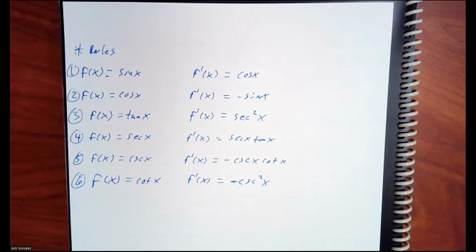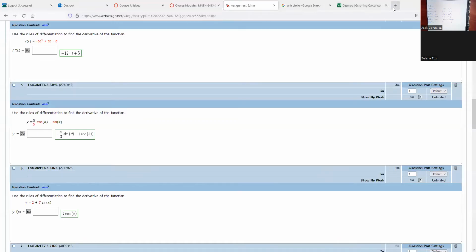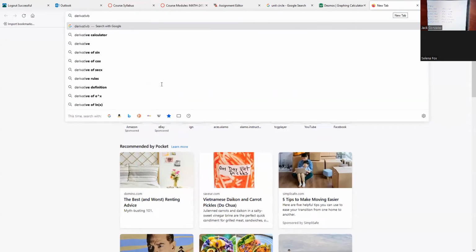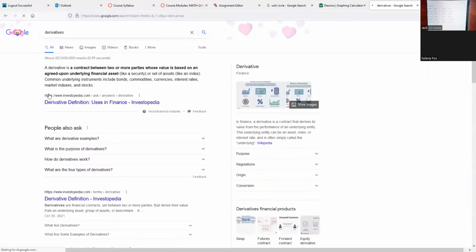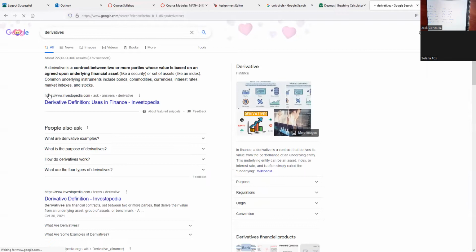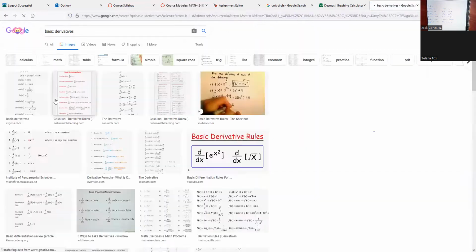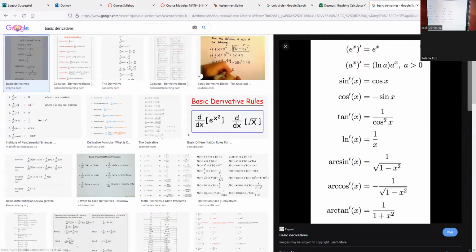Let's double check myself there because I'm getting pretty tired of doubting reality here. So derivatives. Basic. There we go.